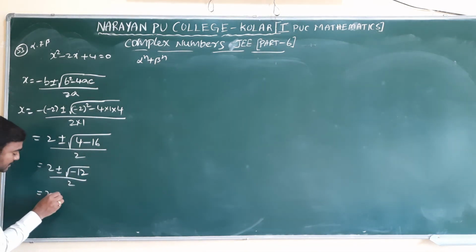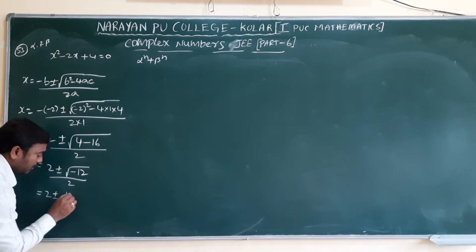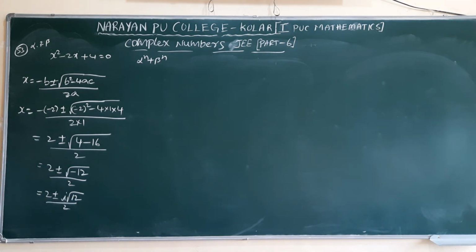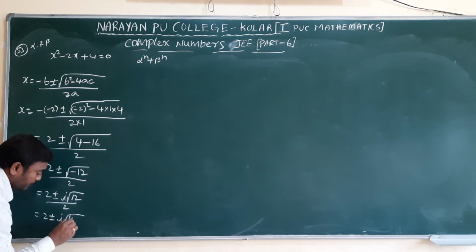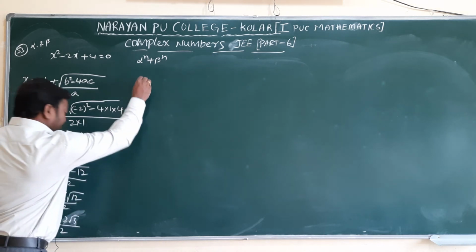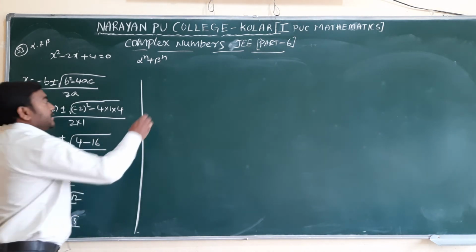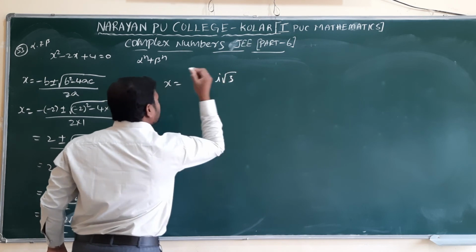Square root of minus 1 into square root of 12 we get i into square root of 12. So 2 plus or minus i into square root of 12, which is 4 into 3, so 2 root 3, divided by 2. Taking 2 common, divide by 2 to cancel, remaining x is equal to 1 plus or minus i root 3.